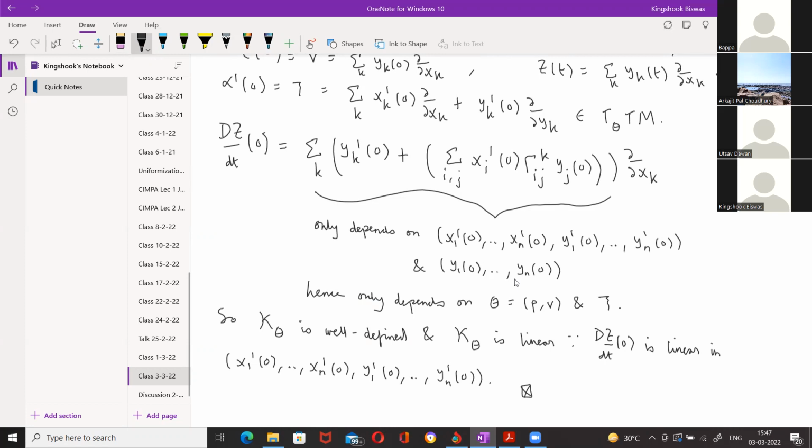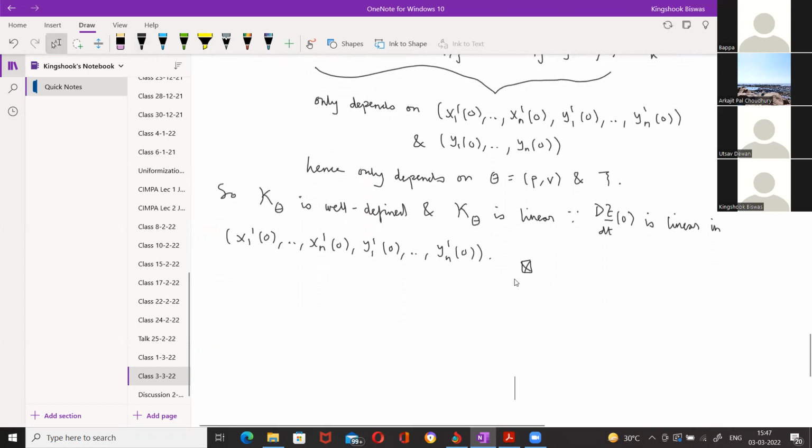So now what do we want to show? Now we've defined the change in the foot and the change in the head. And so what we want is to prove the following theorem.